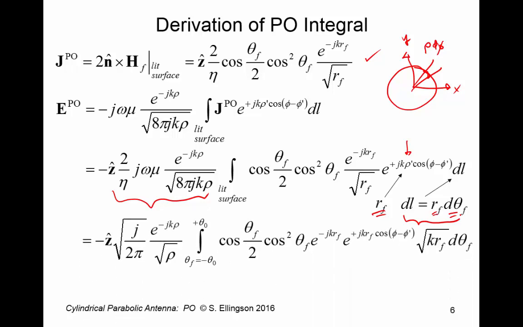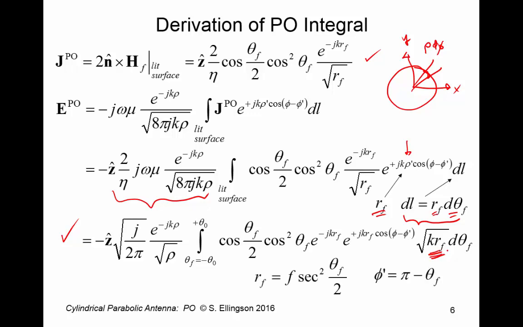And then finally, rearranging things one more time for convenience, we have this expression. Note that I like to combine factors of k, the wave number, with distances wherever possible. That makes the expressions functions of wavelength as opposed to frequency. So it's often easier to deal with in a frequency-independent way. That's just a preference, but it turns out to be convenient in many cases.